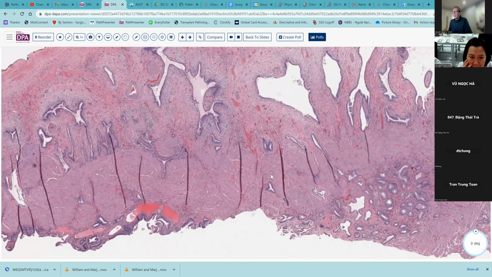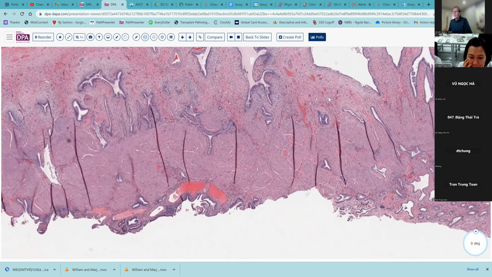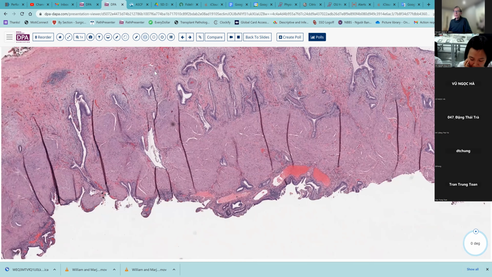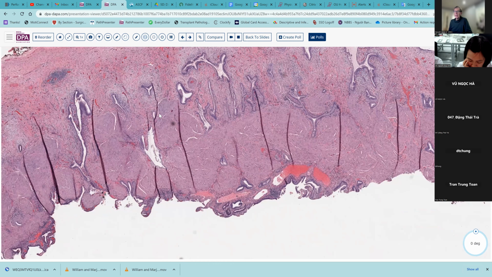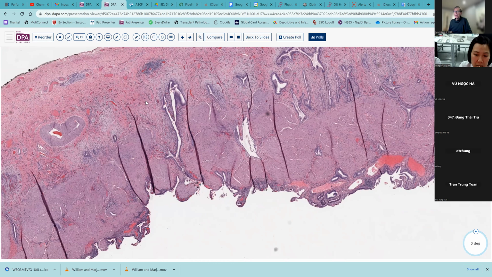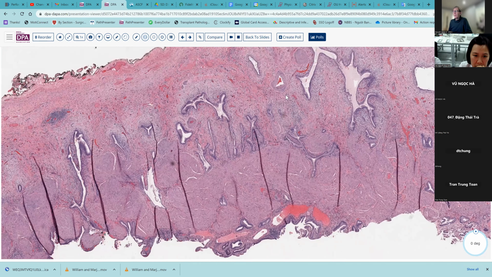So here we're seeing glands within and outside the muscularis of this gallbladder. Here's some of these Aschoff-Rokitansky sinuses that are provoking inflammation and scarring. So again, this is a feature that can be seen and can be confusing for carcinoma.